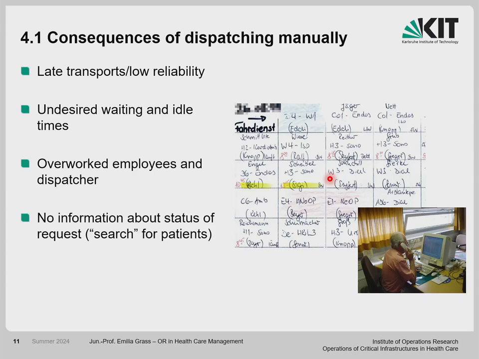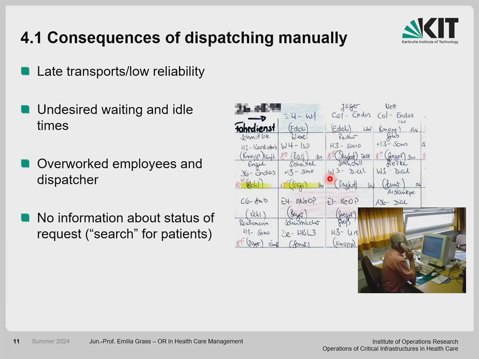And often, as before, we don't have enough data, we don't have enough information. So often, patients are lost. Because what could always happen is patients are waiting in the waiting room, then the transport comes by and asks, we are free, do you have some patients for us?